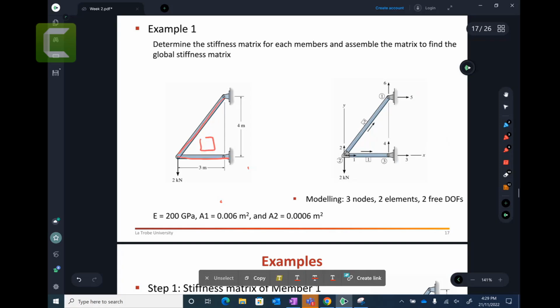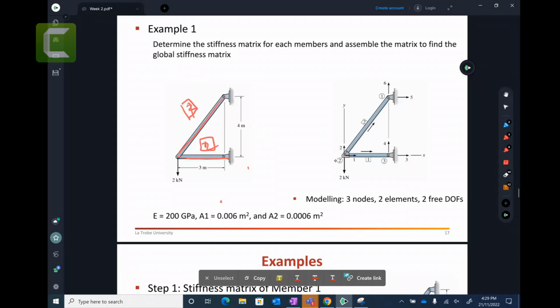So the number in the square represents the element numbering, how many members you have. Arbitrarily, the user defines it: you can put 1 here, you can put 2 here, and so on. That doesn't matter, but we just want to know how many members there are. Therefore, there is a number in the square representing element numbering 1 and 2.